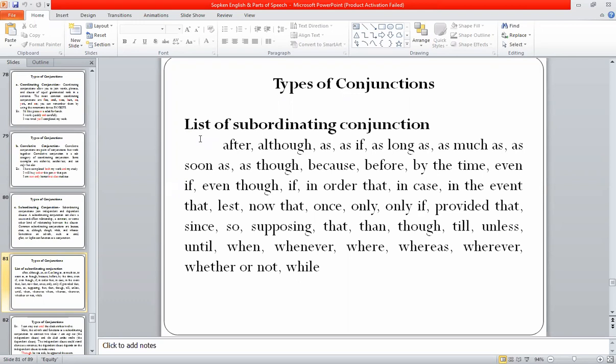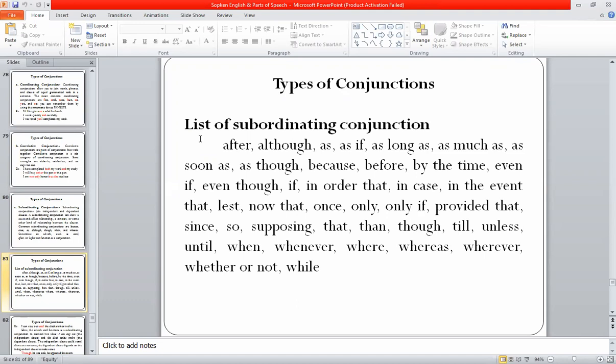After, although, as if, as long as, as much as, as soon as, as though, because, before, by the time, even if, even though. These are words showing a cause and effect relationship, or showing a condition in the sentence.